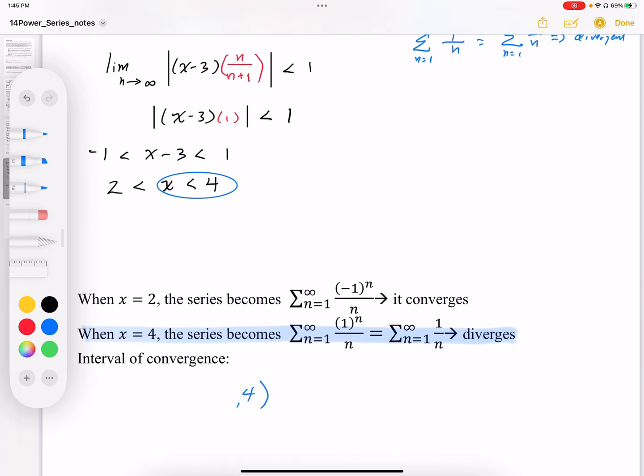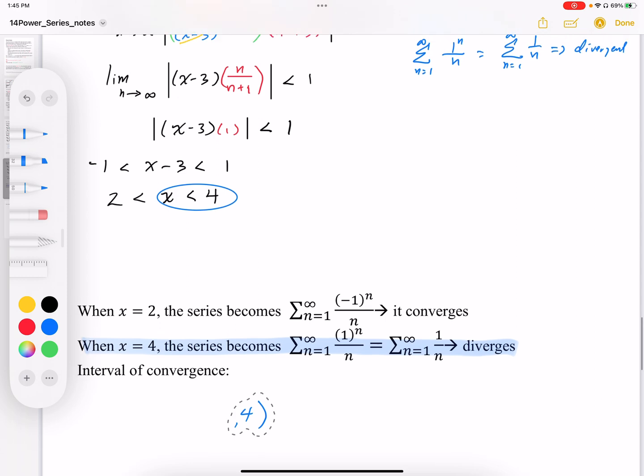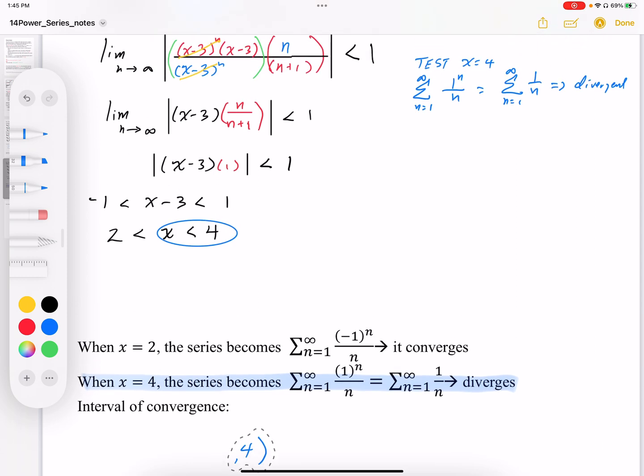So our interval so far looks like this. The right-hand side we've tested. We're going to test the left-hand side by plugging in x equals 2.